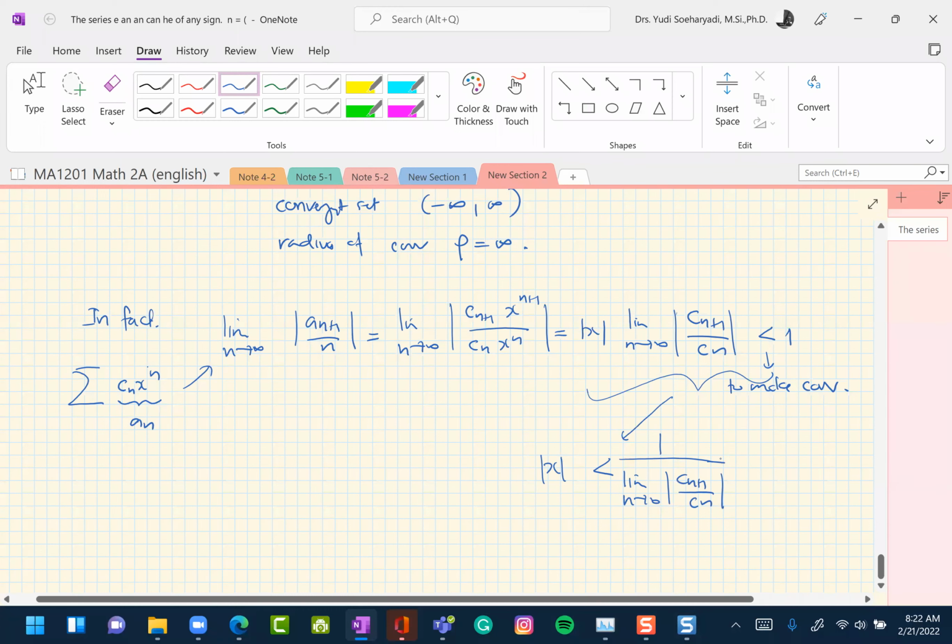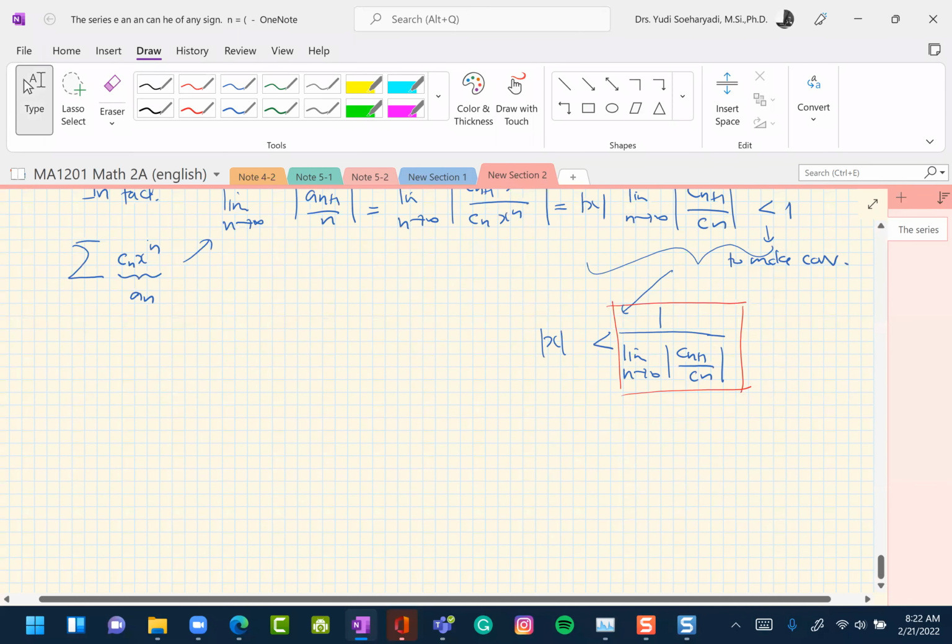So this is the radius of convergence, rho.